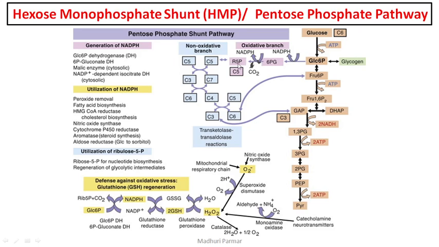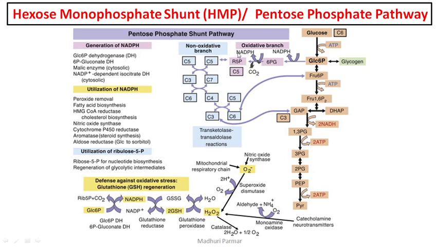How does this happen? One carbon dioxide molecule is removed, and the hydrogen attached to this carbon is given to NADP plus, so you get one more molecule of NADPH. In two reactions only, you get two molecules of NADPH, one carbon dioxide, and one molecule of ribose 5-phosphate. This is how pentose sugars are made from your hexose sugar.